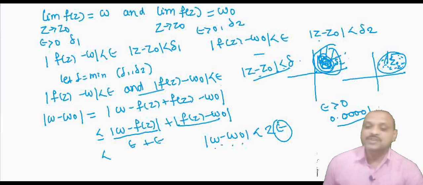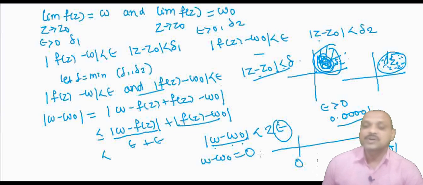Suppose on a smaller scale we choose 0.000001, and for this value |w - w0| is again less than this. So this is possible only when this is equal to 0. That means w minus w0 equals 0.